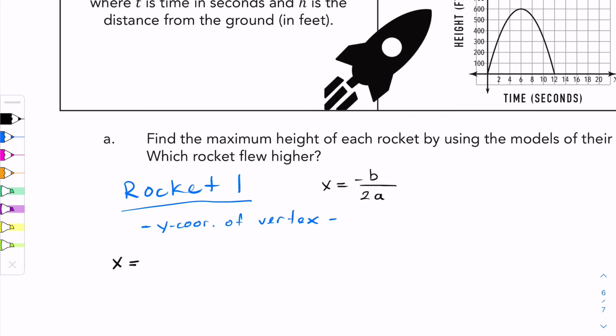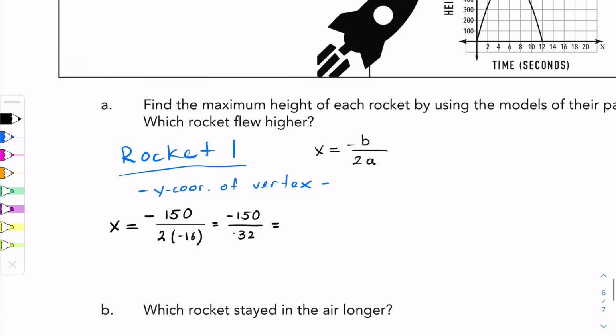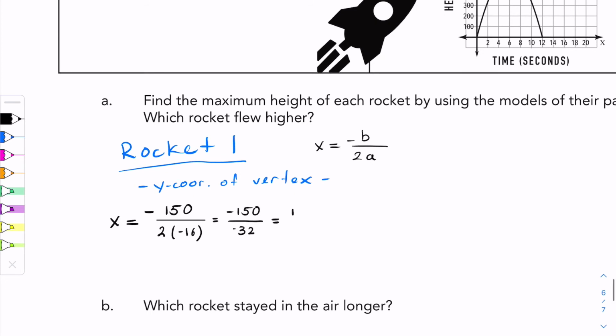Using the equation above for rocket 1, our value is going to be negative 150, that would be negative b, divided by 2 times a, 2 times negative 16. This simplifies to negative 150 divided by negative 32. So our x value is, I'm going to leave it as a fraction, 150 divided by 32.